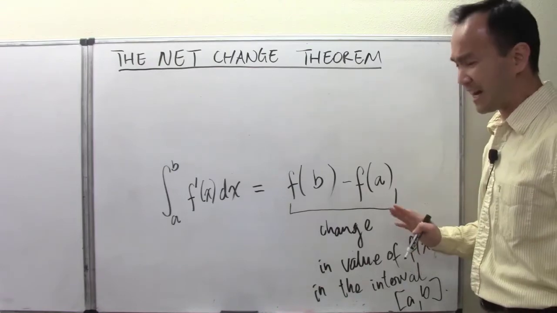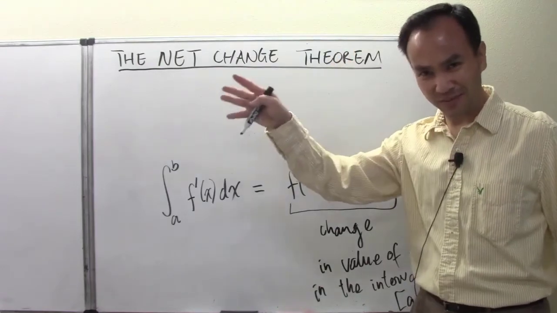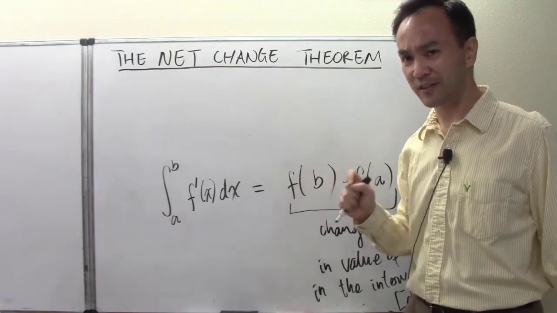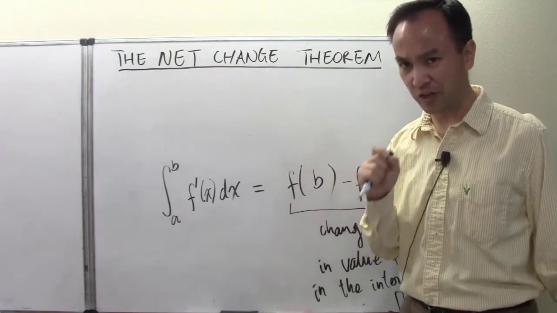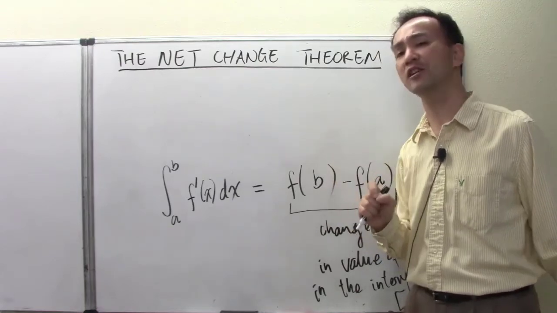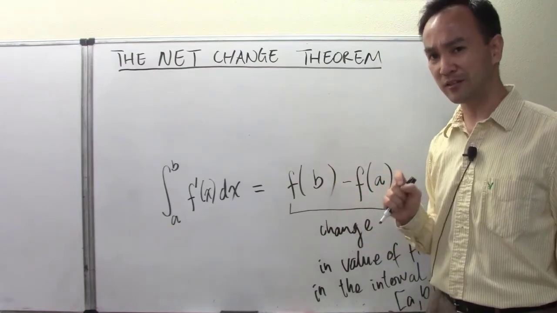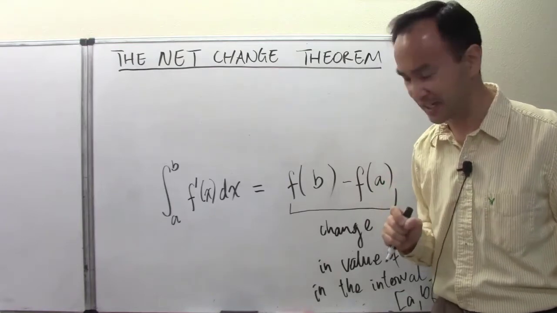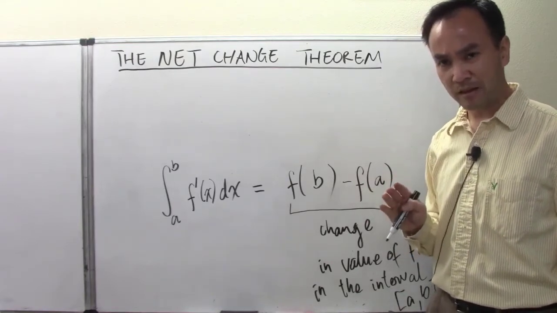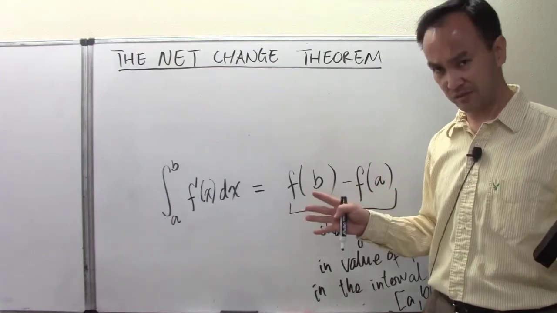And I spoke earlier when we wrapped up the idea of the definite integral, especially at the end of the lecture where I talked about the fundamental theorem of calculus, the second part, I indicated clearly that a definite integral is represented as a net area.